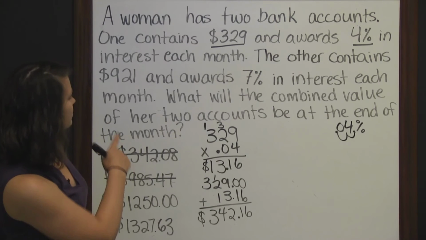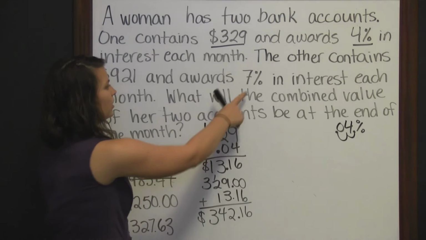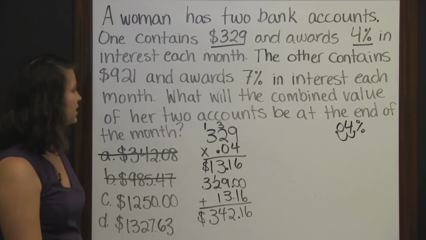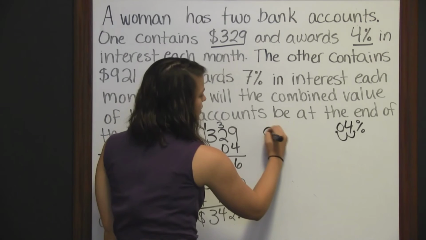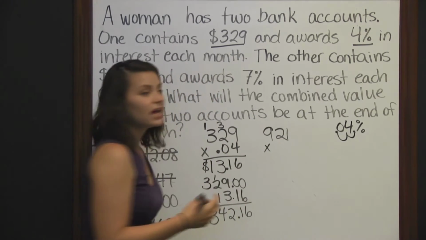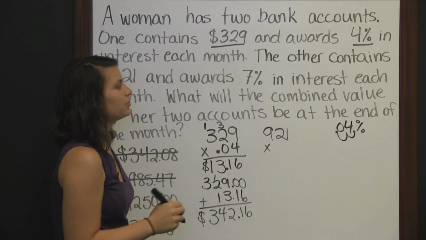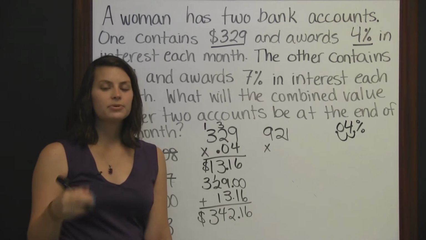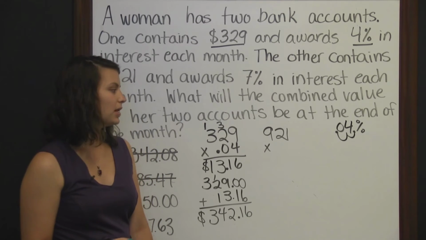The next account starts with $921 in it, and it earns 7% in interest each month. So that means that we're going to take our $921 and multiply that times 7%, because this account earns 7% interest, 7% of the total, and of means to multiply.